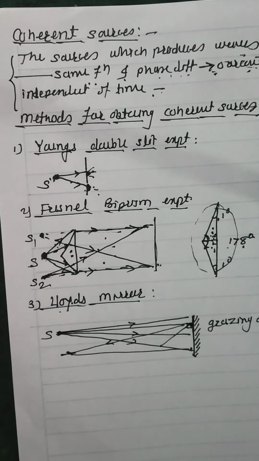Some of the light falls directly on the screen and some falls after reflection. The reflected light appears to come from two virtual sources, which act as coherent sources.